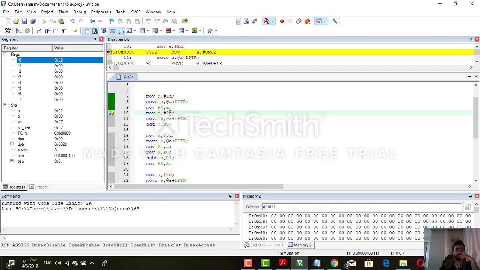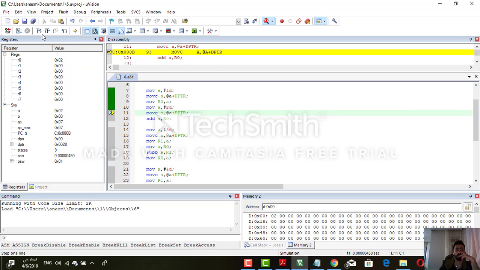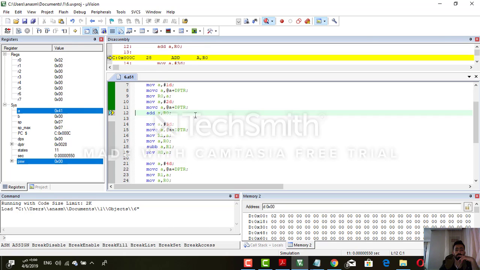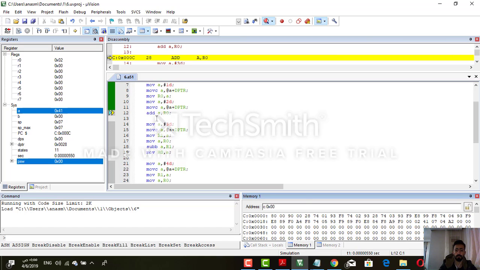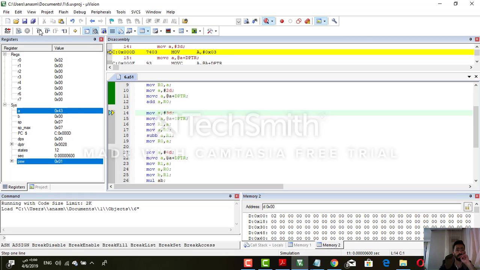Now we move the value 2 to the accumulator. After that, as we do again, and the other one we have to move.